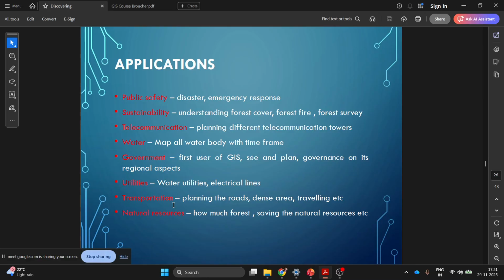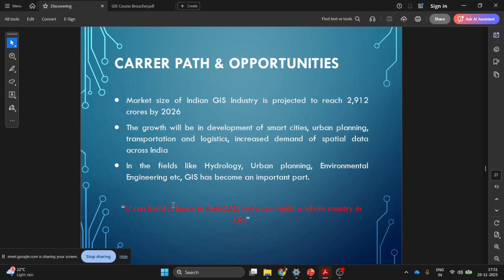And again, conservation of natural resources: how much forest there is, and whether any animals living in a particular area are of endangered species. This can also be visualized using GIS.